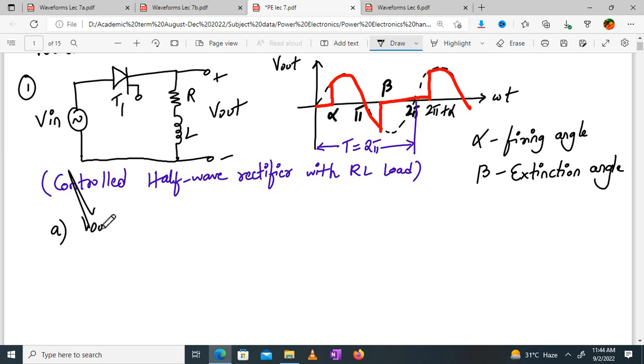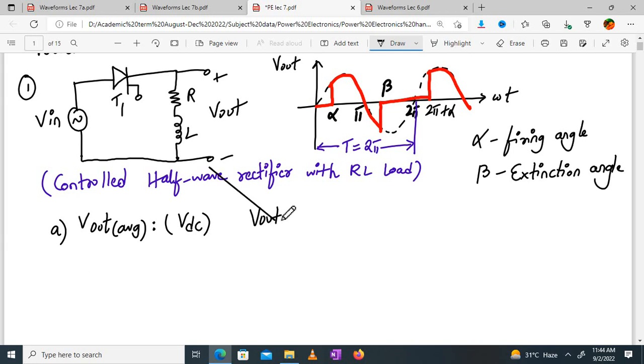First derivation will be of V out average. Please write it down. V out average. What is the other name for V out average? And what's the general definition?